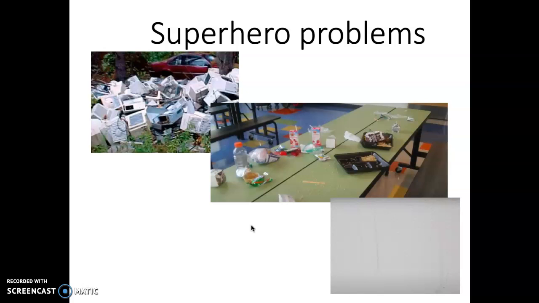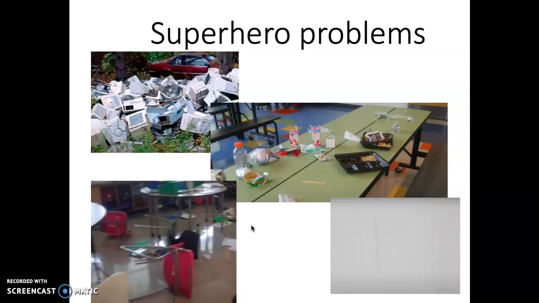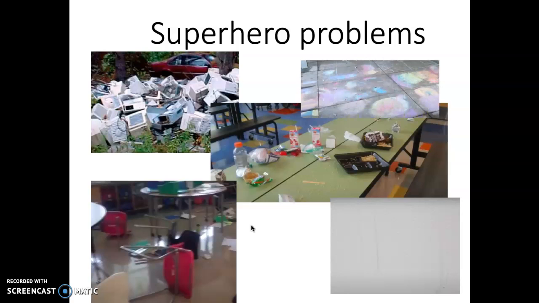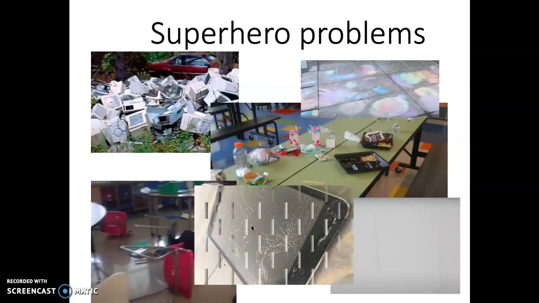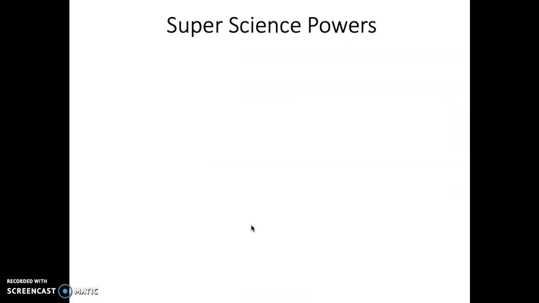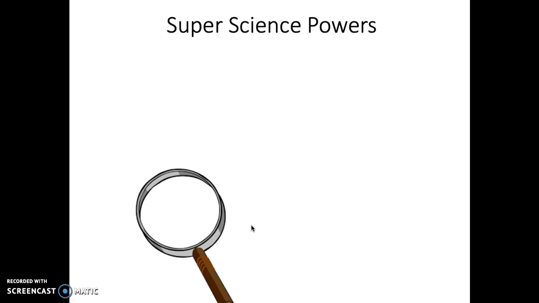Maybe you'll be in the classroom cleaning up the scuff marks, or organizing a classroom that is very disorganized. Maybe you'll be on the recess playground, getting the chalk off of the covered areas, or fixing damaged iPads. You're going to be able to solve all of these problems with your science power.